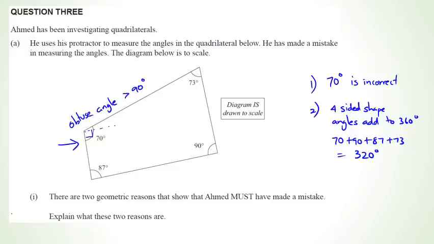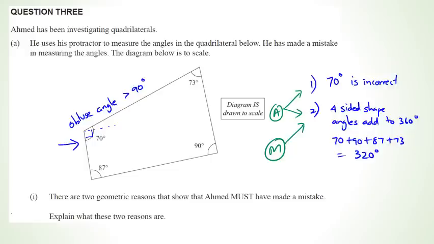So that's the second mistake he's made. Merit for 2 reasons. Achieved if you get one of the reasons correct. There are other ways of doing this as well, but I'm just going to keep the real simple one here, folks.